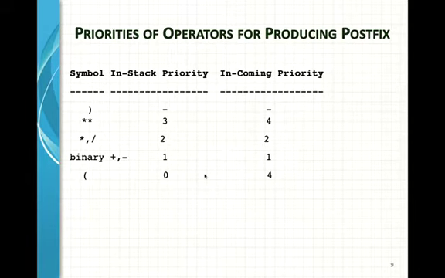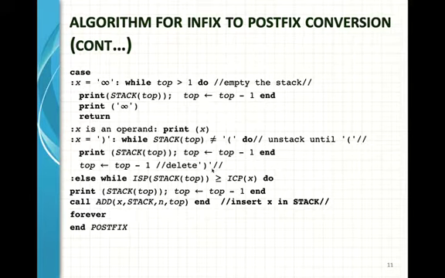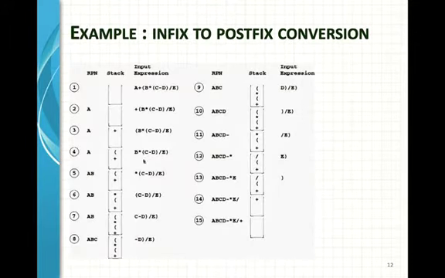So 1 is less than 4. If 1 is less than 4, then the condition will be false, and this line will be executed again, that is add x to the stack top. That's why this open parenthesis will be inserted again in this step.